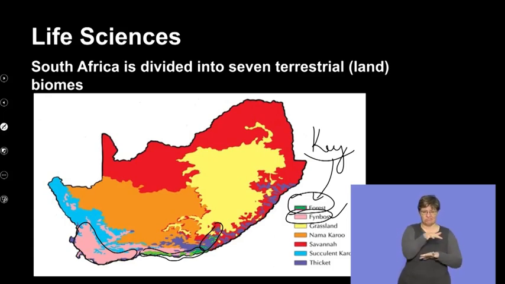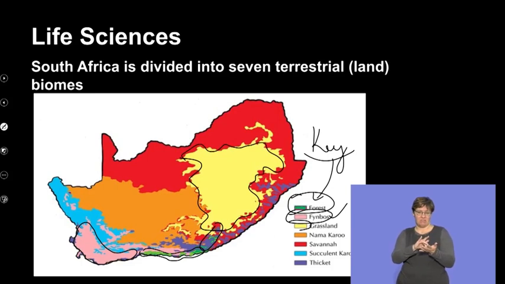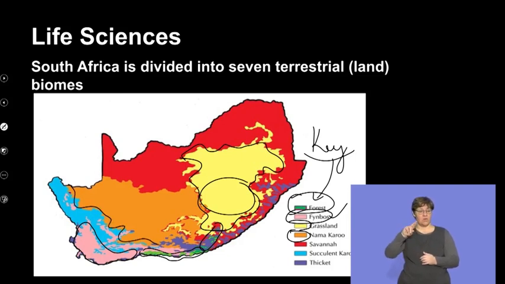The next area we're looking at is grasslands, and that forms a significant portion of central parts of Gauteng, and you've got your Free State around here. Then you look at the Nama-Karoo. These would be predominantly dry, arid areas of the Western Cape and the Central Cape here.